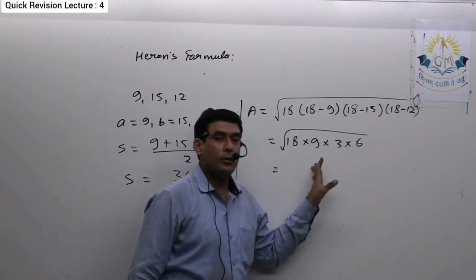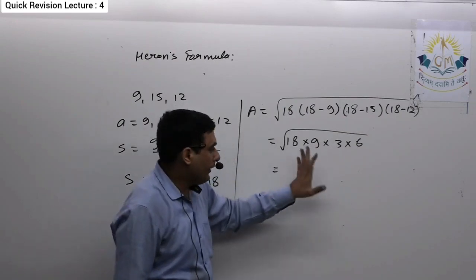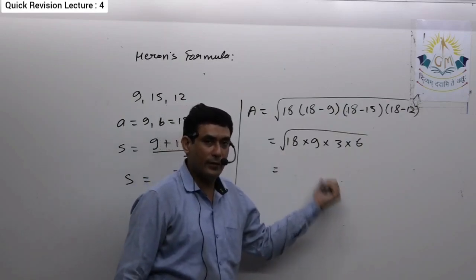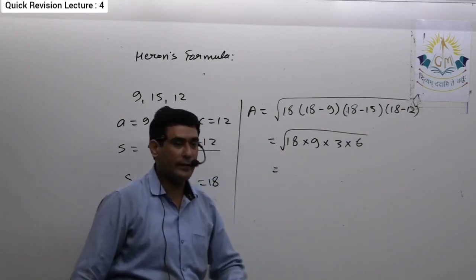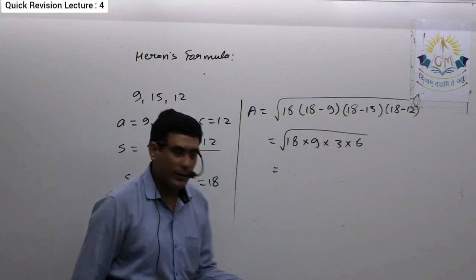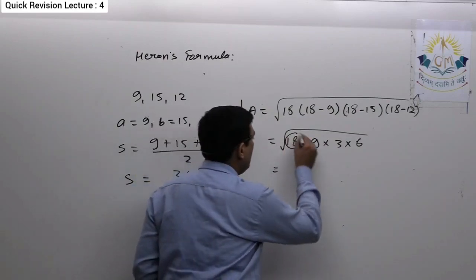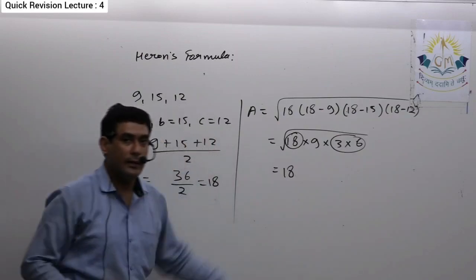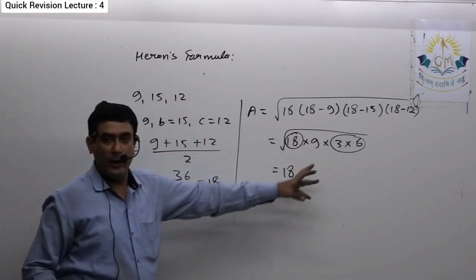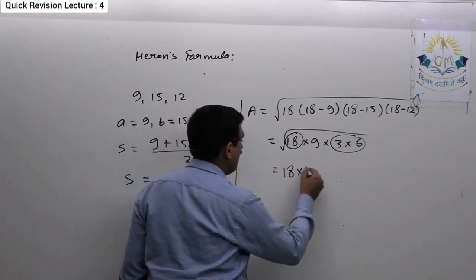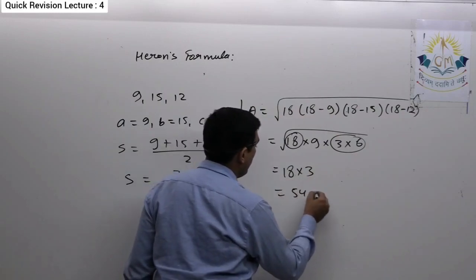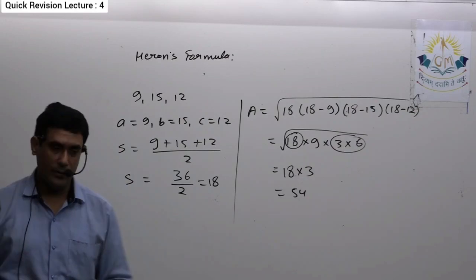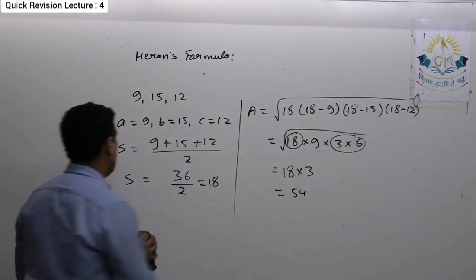No need to multiply over here, because you have to find a square root, and even if you multiply, after multiplication you are going to find its factors, so it is better to find the factors here only. See, this 18 and this is again 18. I will directly take 18 outside the root sign. Only 9 is there and I know root 9 is 3. So here I will write 3. It is 54 centimeter square or meter square or unit square, whatever is given in the question. So this is the first type of question.